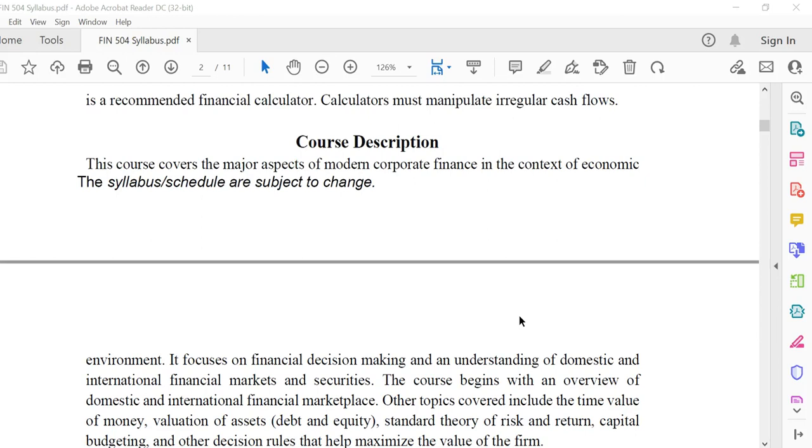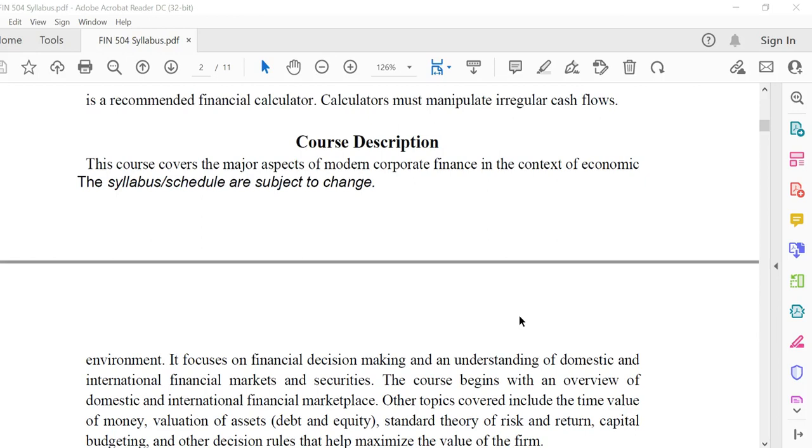So we will talk in detail about it, and apart from it, we will also try to understand domestic as well as international financial markets. So how is the US financial market different from international financial markets, and what are the additional challenges one can face when one is exposed to international financial markets?